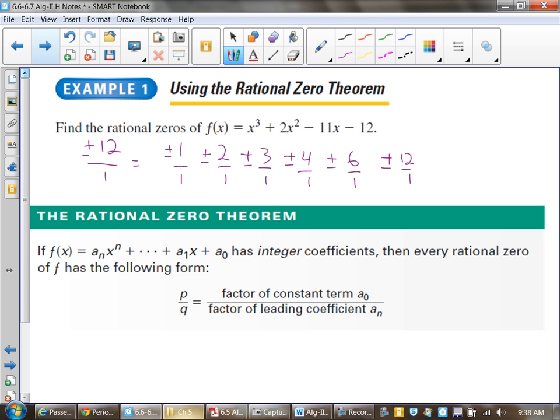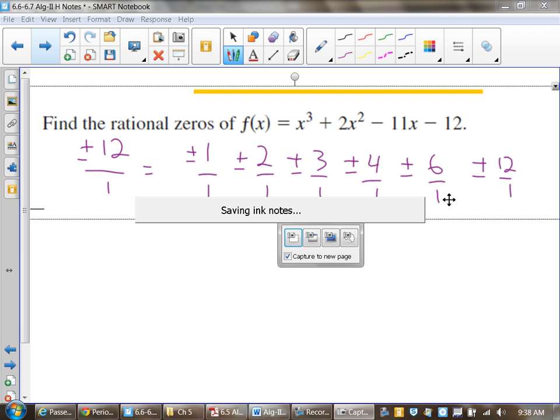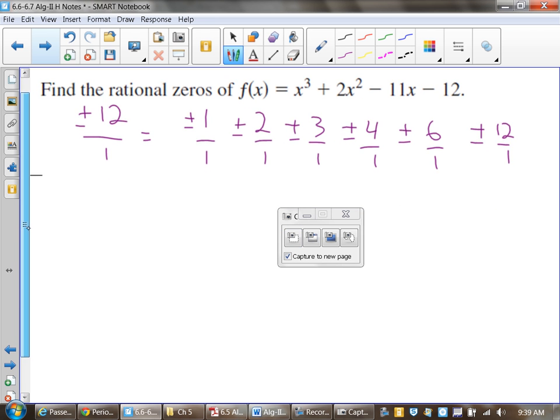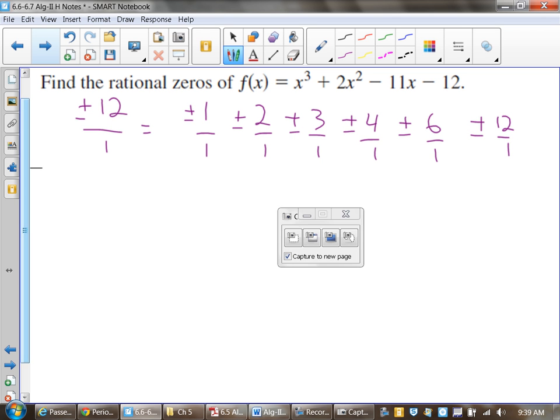What we're going to do here is we take this, let me move this into another slide. Once you list out all of your possible zeros, you want to start finding zeros. Well, in order to do that efficiently and easily, we use synthetic division. So you just start with 1.